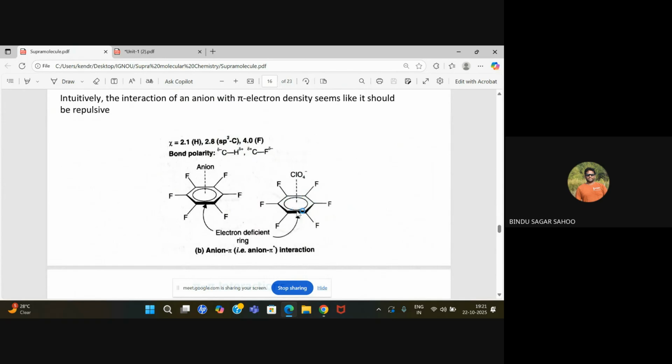This electron deficient ring can also interact with a negative charge. So this type of interaction is called anion pi interaction.